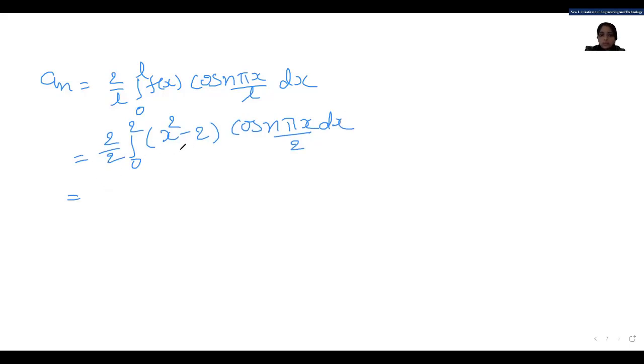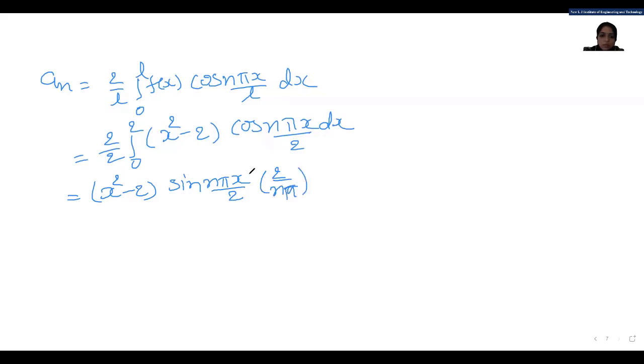Now we are applying Leibniz rule. Our x square minus 2 is u and cos n pi x by 2 is v. So x square minus 2, keep it same. The integration of cos is sine, theta will remain same, n pi x by 2 upon n pi by 2. Okay, so I write n pi by 2 in the denominator. Instead of this, I put 2 upon n pi in numerator.